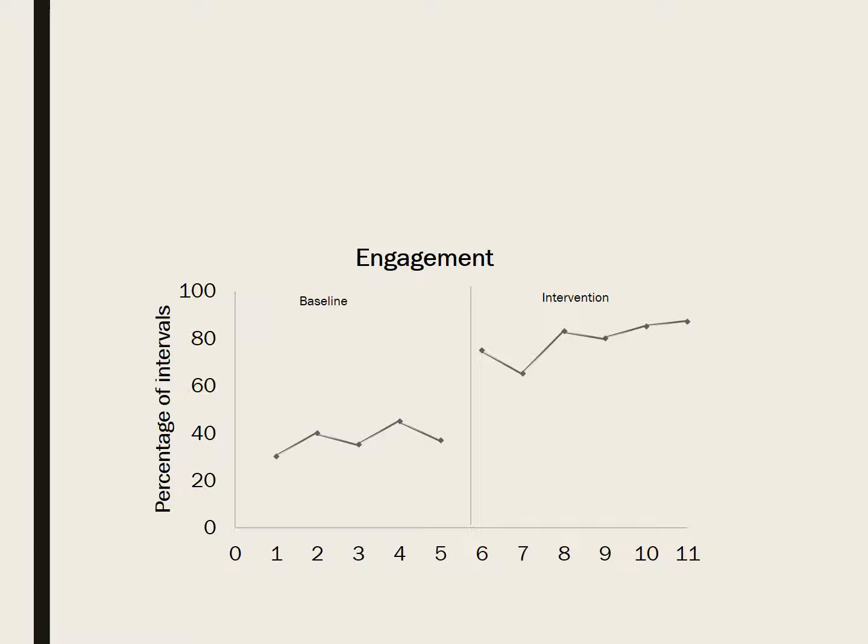I have then implemented the intervention on session number 6, and I see an immediate jump in data. And over time, I also see that the data is growing. Here, I can tell that my intervention is working. The student has shown more engagement as the intervention has continued when compared to baseline. Without baseline data, we would have no idea if the student's engagement is actually increasing.